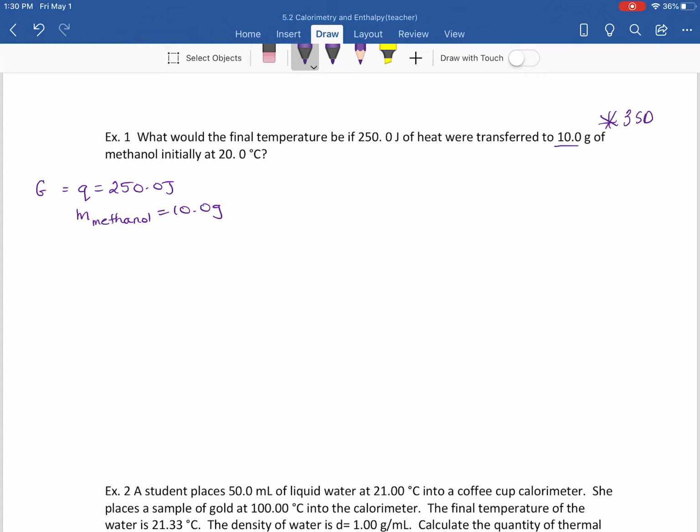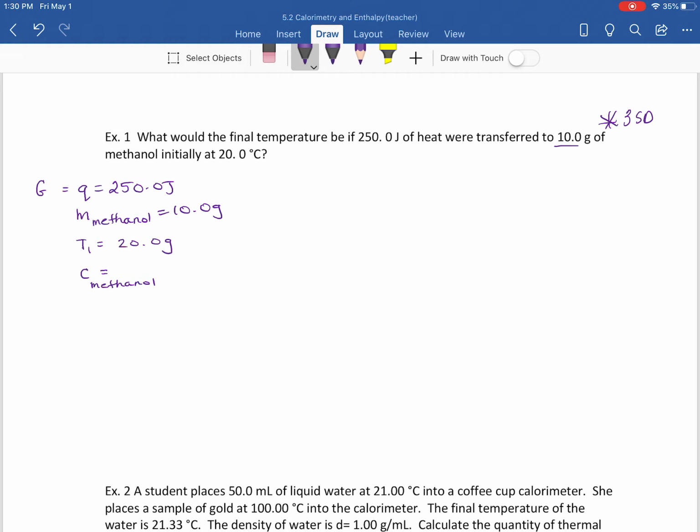I've also been given that my initial temperature, T1, equals 20 degrees Celsius. In this situation, we were also given in the chart the specific heat capacity of methanol. So we can't assume that this one's water because they're telling us it's methanol. We're not saying it's a dilute solution.